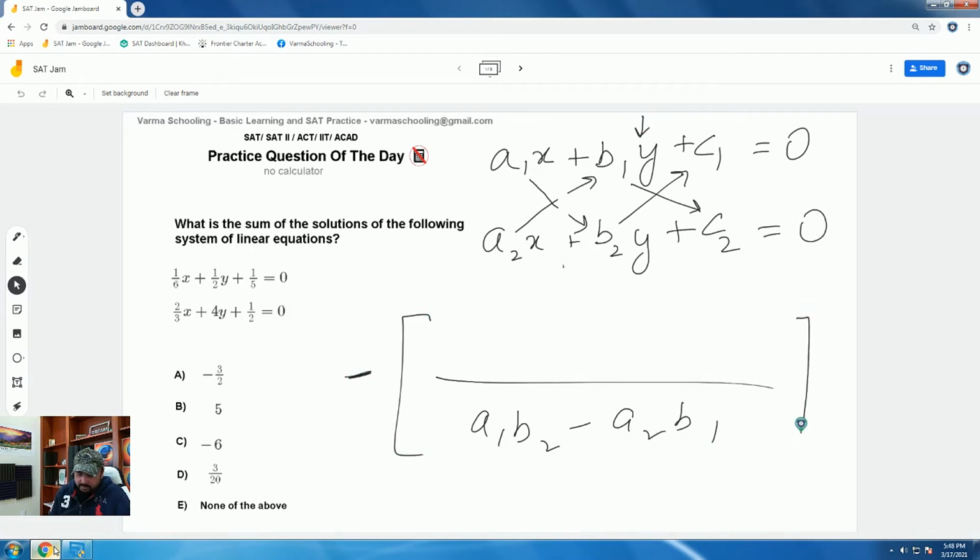And then this time you're going to do a1 c2. You cover this line right here, and when you cover it, you're going to have a1 c2 minus a2 c1. Boom, that's your value of y. That is how easy it is.